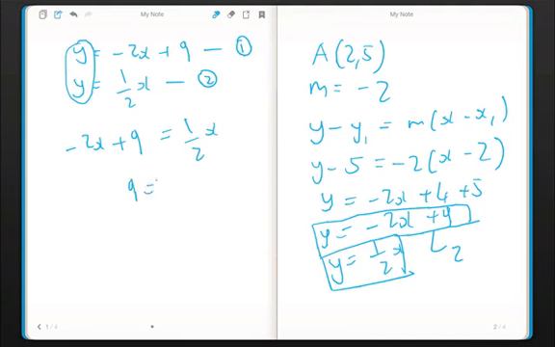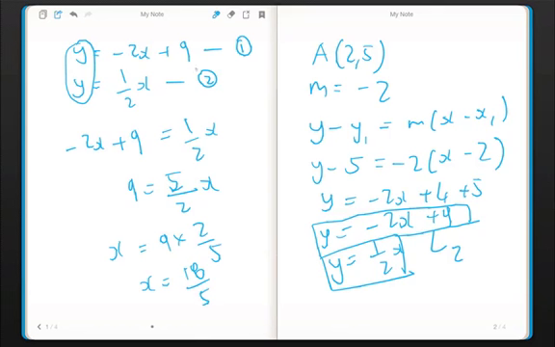And we know that 9 is equal to half x plus 2x, so 2 plus half is 2.5. 2.5 is 5 by 2, so 5 by 2 x. So we know that x is equal to 9 into 2 by 5. x is equal to 9 into 2, 18 by 5.